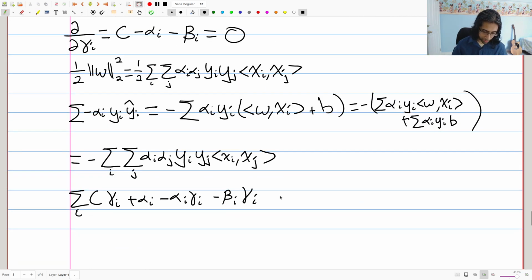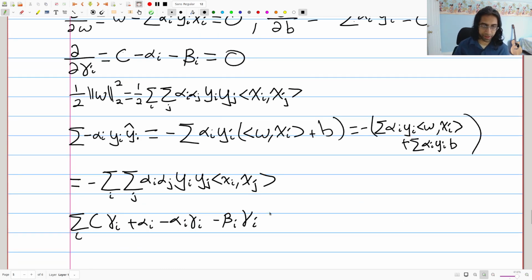And let's just do some substitutions to simplify this. One thing we're going to notice is that this right here can be rewritten as c is equal to alpha i plus beta i. And that's nice because that allows us to eliminate this, and in fact, that cancels out this exactly. So let's just do that.